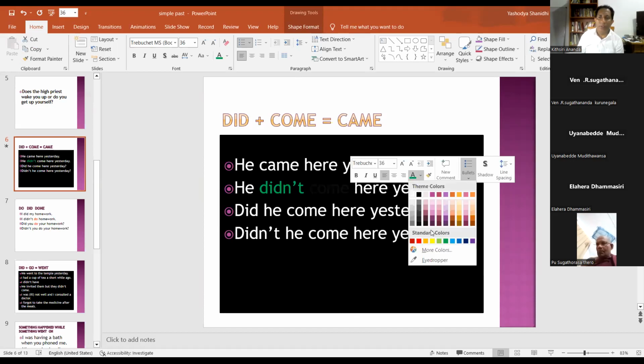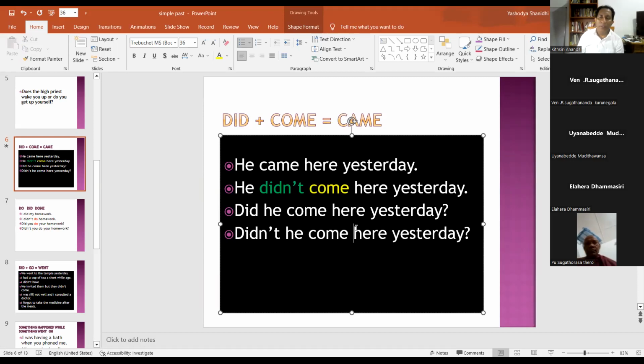Again, it can be the simple past form as long as the relevant helping verb is inside the verb. But once we separate the helping verb, again the verb becomes the base form. He came, he didn't come. We cannot say he didn't came.